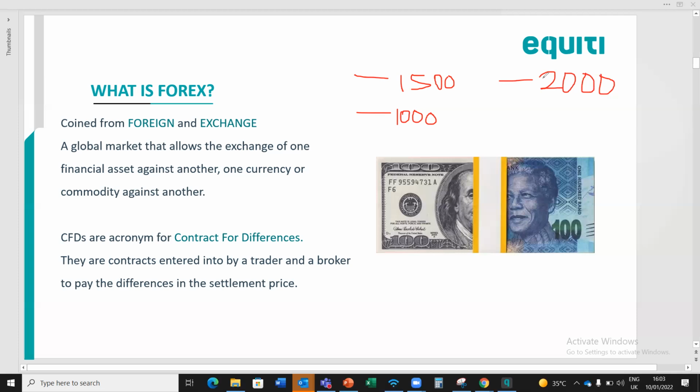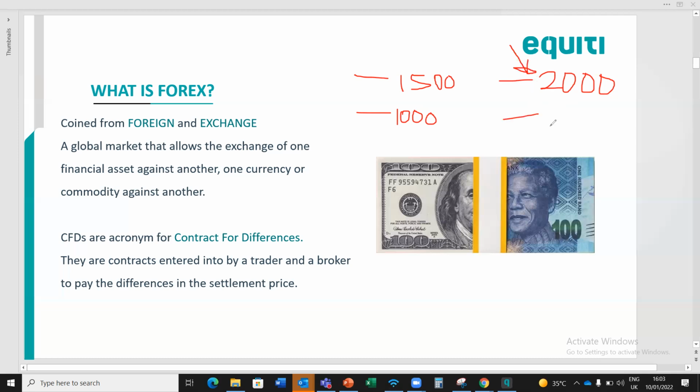So you saw that a kg of rice is at 2,000, and by your technical know-how and understanding of the market, which you are going to learn, you know that the value of rice is going to depreciate below 2,000. What you simply do is sell.